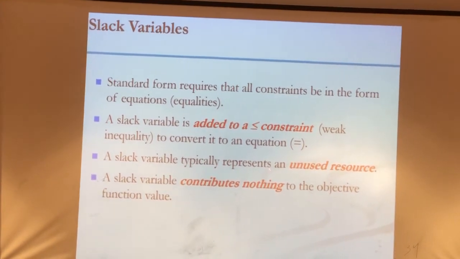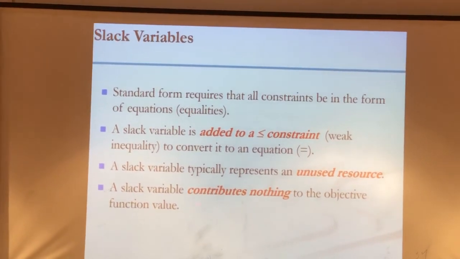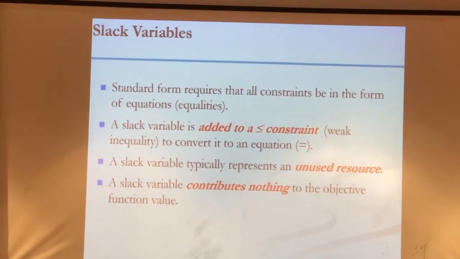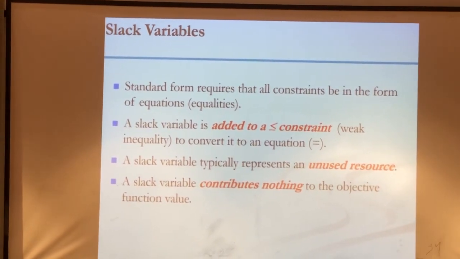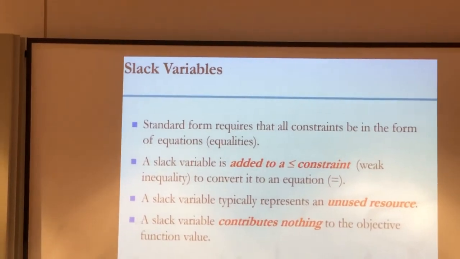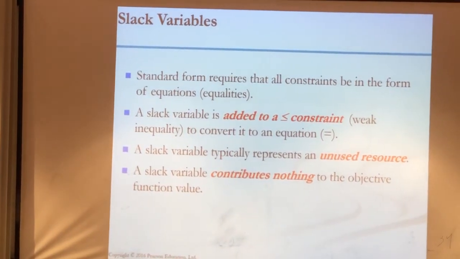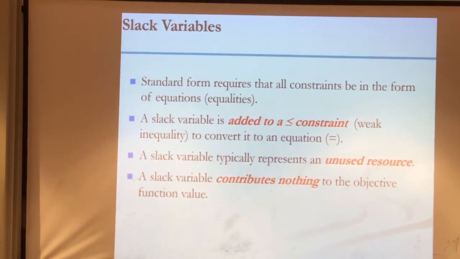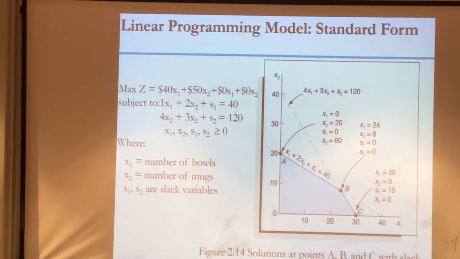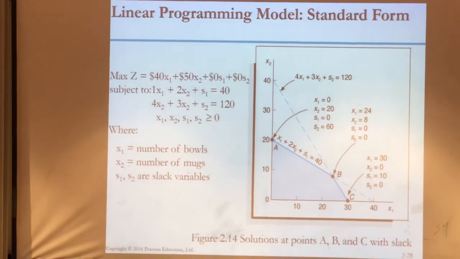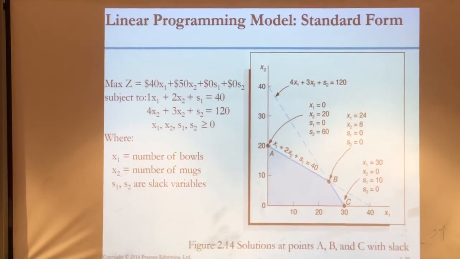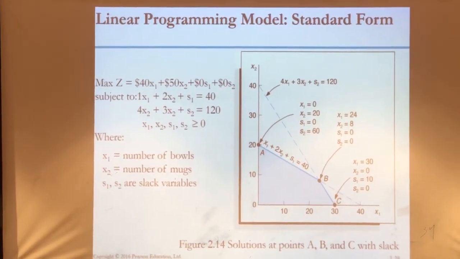A slack variable typically represents an unused resource. A slack variable contributes nothing to the objective function. We also add these slack variables in the objective function with 0 coefficient because they don't bring any profit or cost. Here we have added this in the objective function: 40x1 plus 50x2 plus 0s1 plus 0s2.